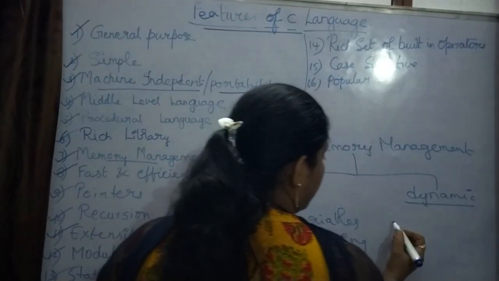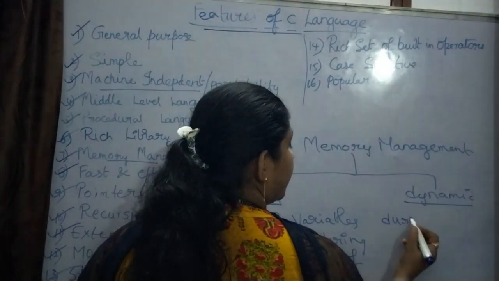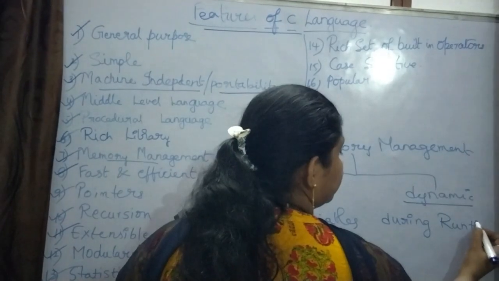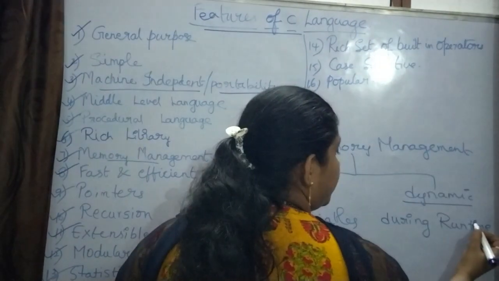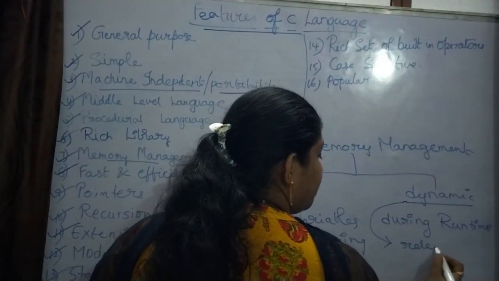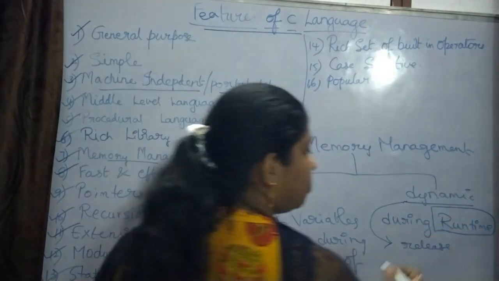And dynamic is where the data types of the variables are recognized during runtime. Here I already said that dynamic means it will release the memory also, because it is recognizing during runtime.